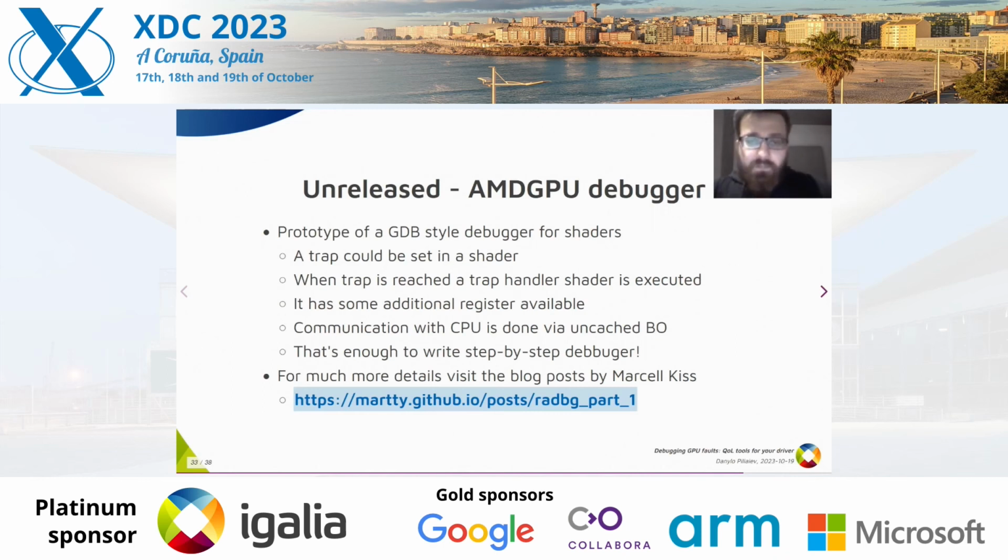All of this is enough to implement a step-by-step debugger for shaders. I hope this work would be upstreamed in the future. For now, you should read a lot more about it in the blog posts by Marcel Keys himself.